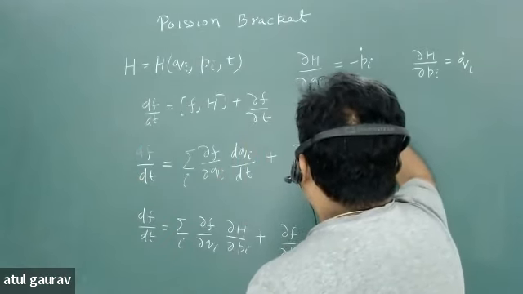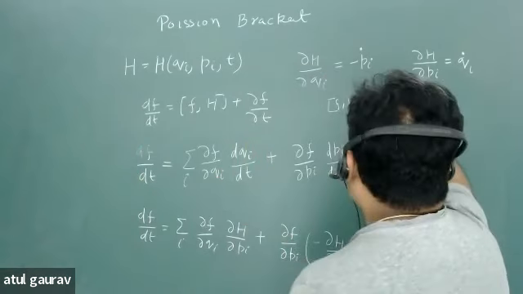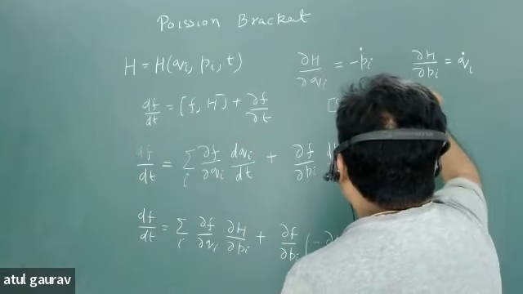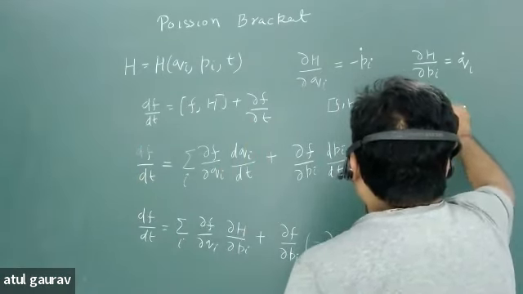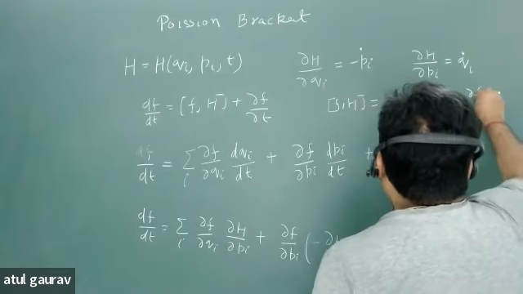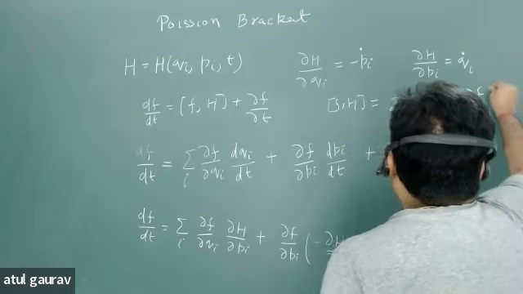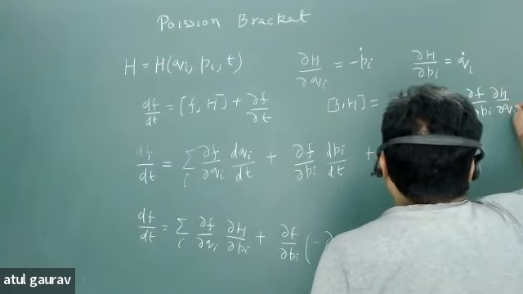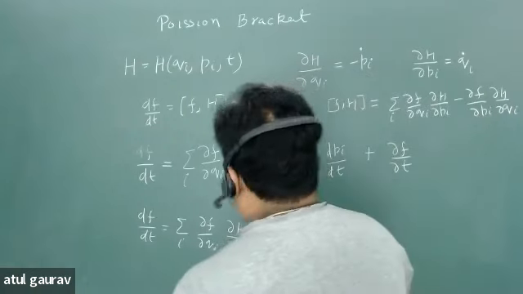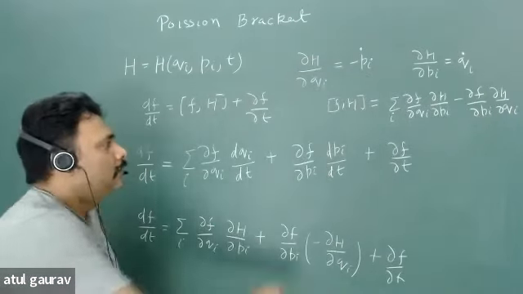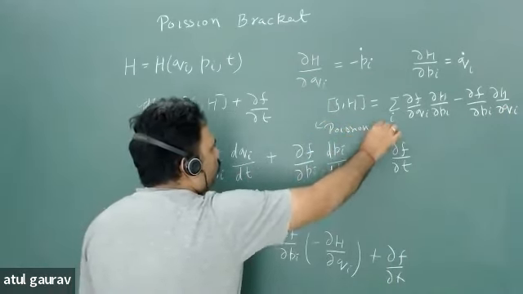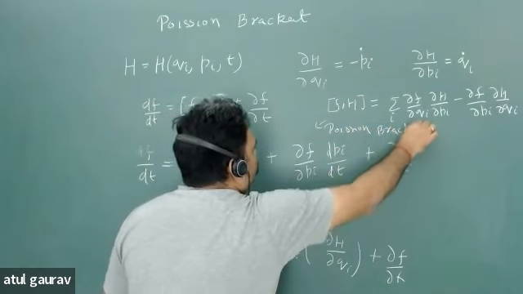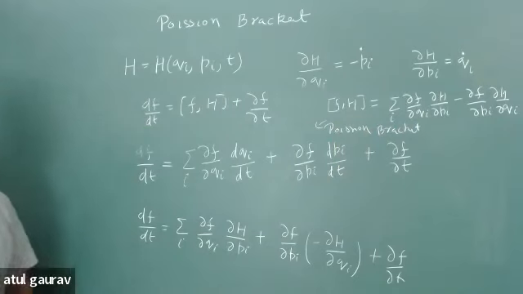This is nothing but identified as the Poisson bracket, which will be summation over i del f upon del qi del h upon del pi minus del f upon del pi del h upon del qi. So this is very famous, identified as the Poisson bracket, which is named after a scientist or mathematician. So that is the bracket of f and h.